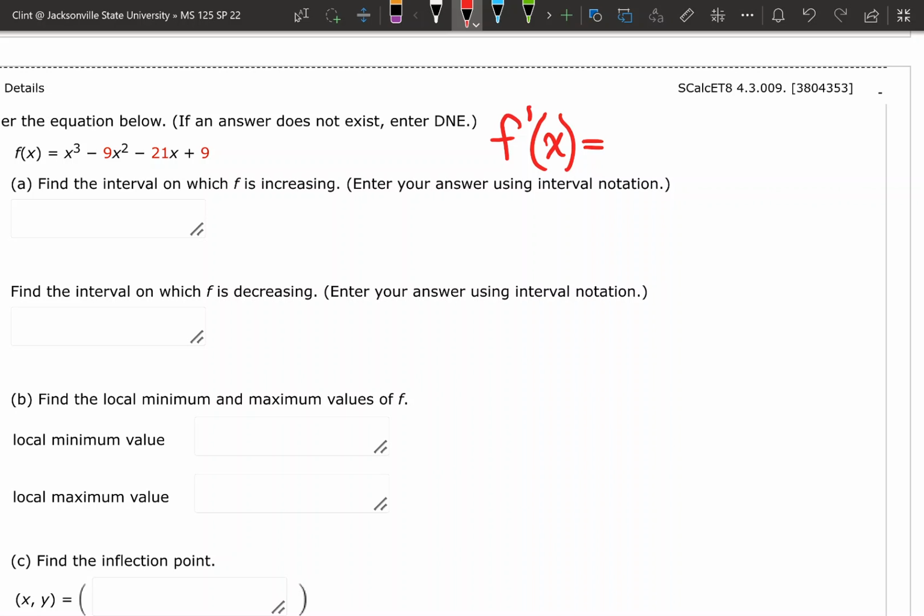The idea, right, it's been a little bit, the idea is where our derivative is positive, f will be increasing. Where our derivative is negative, f will be decreasing. We found our derivative, so let's see, it's 3x squared minus 18x minus 21. Just 3 applications of the power rule.